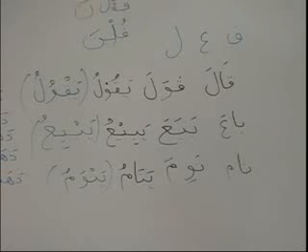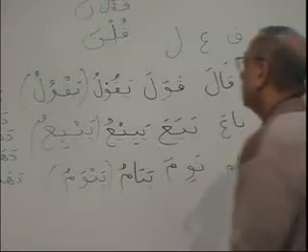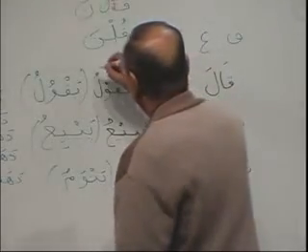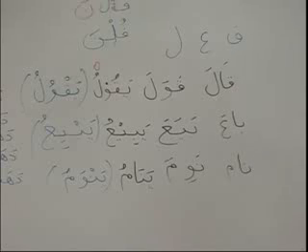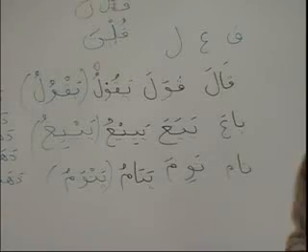Now the problem starts here again. Kala yakulu. Are you with me, brothers and sisters? Now if I want to make this into sakin, majzoom, Sister Hafza, I want to make yakulu into majzoom because lam has come. As soon as I put sukun, there are two sakins now. Iltiqa' sakinayn.